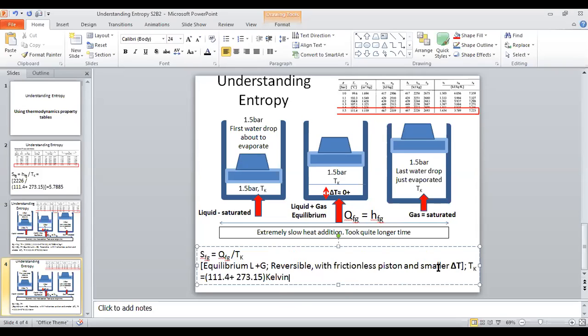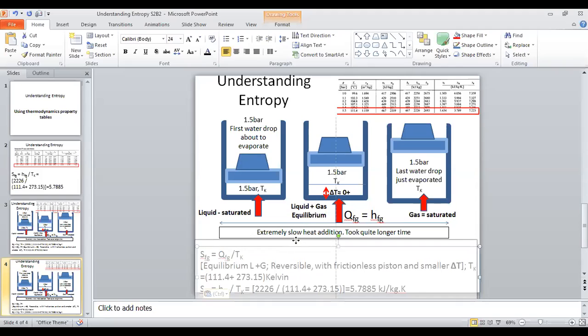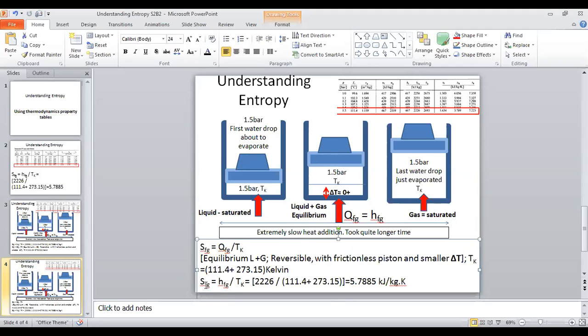And now what happens is TK is this much. Based on the experiment, we can see that. I'm rewriting it. QFG is HFG.